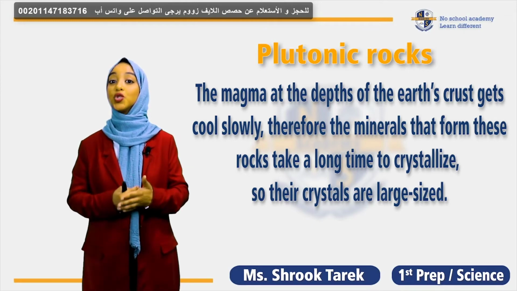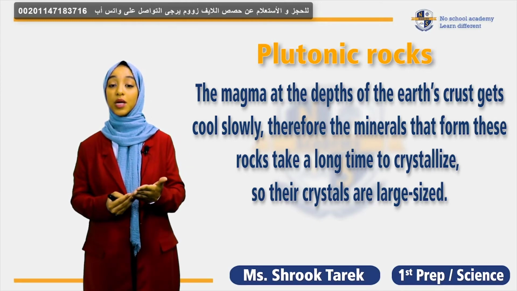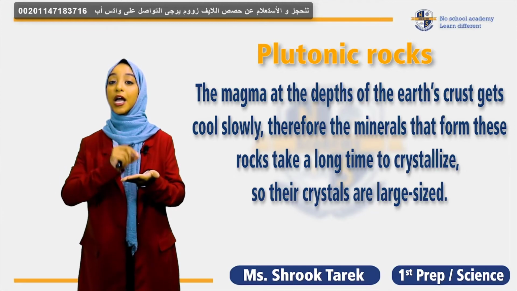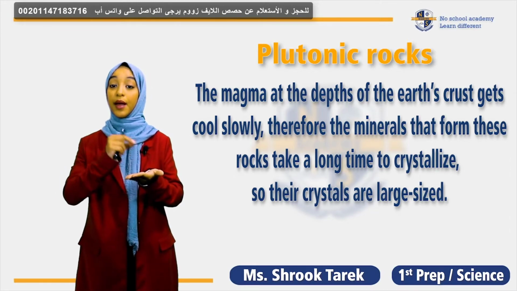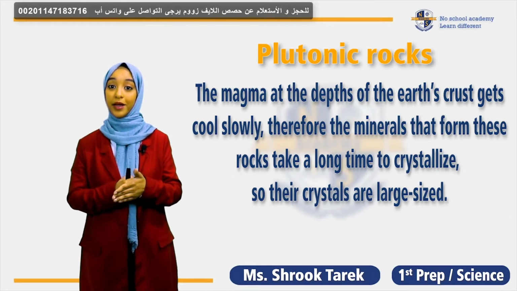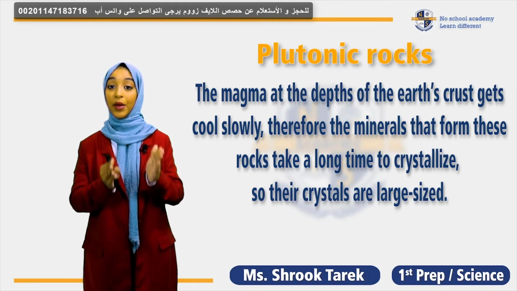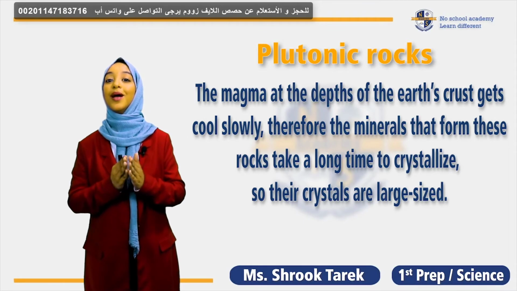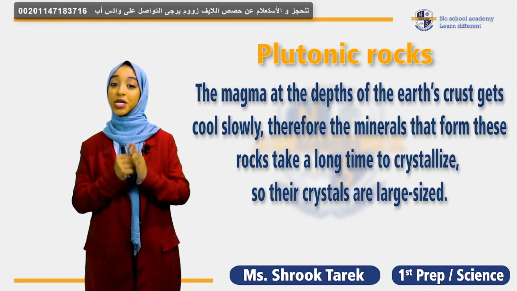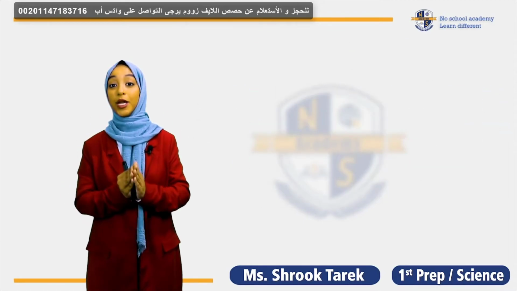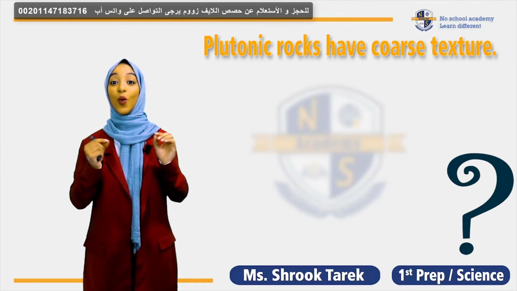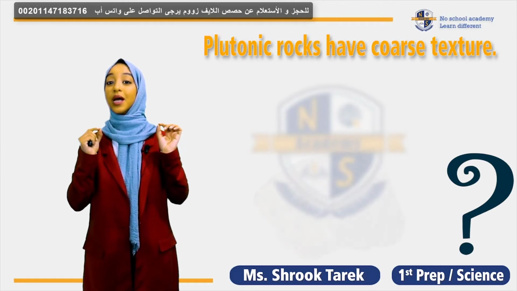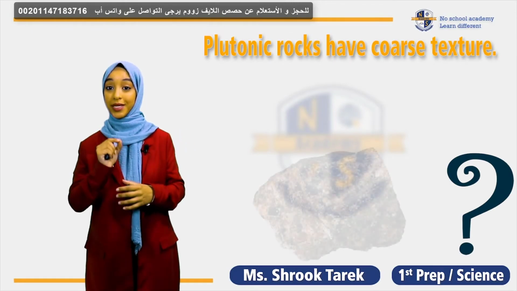يعني لو جينا بصينا وشفنا أي plutonic rocks هنلاقي السيرفيس بتاعها covered with grains كبيرة باينة أقدر أشوفها بعيني، وده بيكون نتيجة إن المينرالز take a long time to crystallize. علشان كده بيكون عندي large sized crystals. يبقى لو جينا فكرنا في give reason: why plutonic rocks have coarse texture?